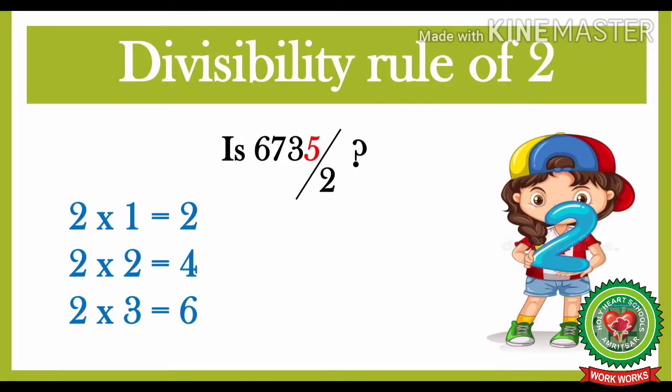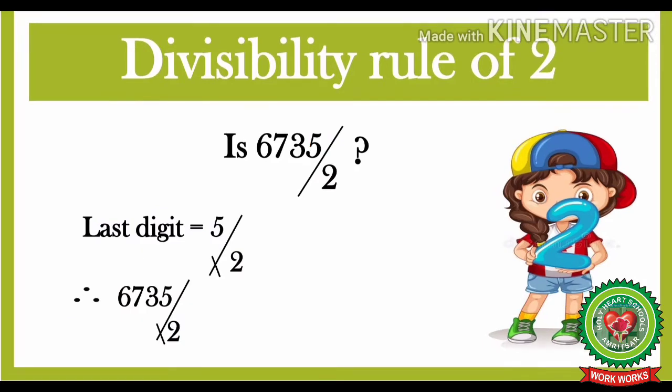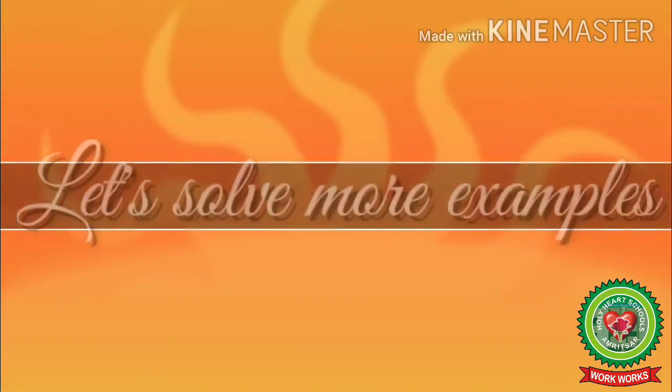That means 5 is not divisible by 2. So, according to the rule, since the last digit, that is 5, is not divisible by 2, then the whole number, that is 6735, is not divisible by 2.